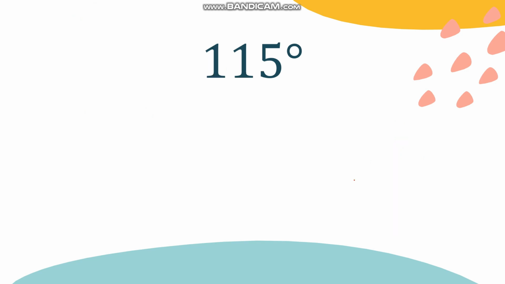Next we have 115 degrees. You have to identify the location of 115 degrees. It is less than 180 degrees but greater than 90 degrees, so it is located in quadrant 2. If the angle is in quadrant 2, the formula that we can use is 180 minus theta.